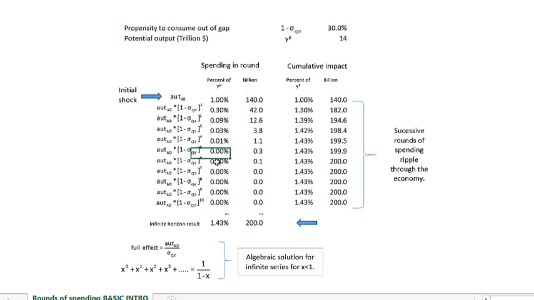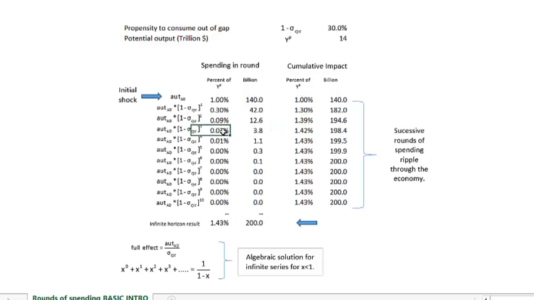And you'll notice that after several rounds of spending, the amount of spending gets smaller and smaller. Now over here in these columns, we've taken the cumulative impact. In the first round, we had 1%. The second round, it was 0.3%, so now the cumulative impact is 1.3%. In the third round, the impact was 0.09%, so the cumulative impact is 1.39%.